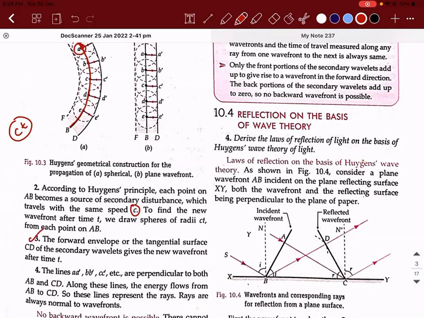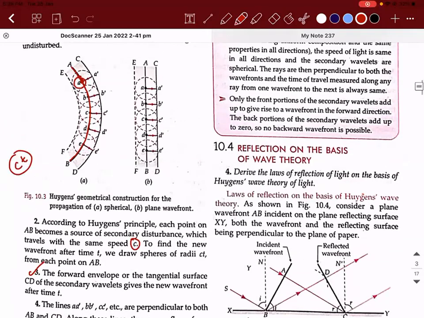Then the forward envelope of the tangential surface: once you draw these dotted circles, you take the tangential surface with respect to the new wavelets, and that is going to give you the new wavefront after time t.